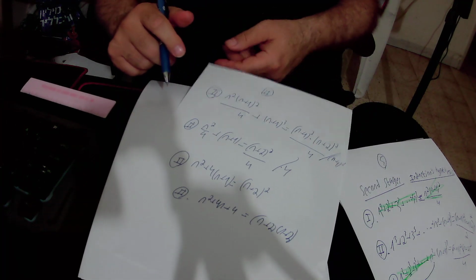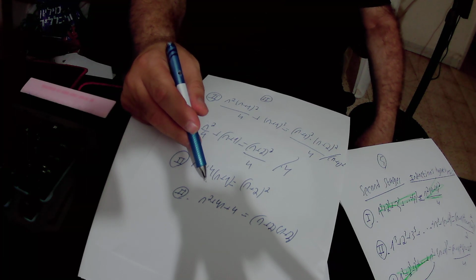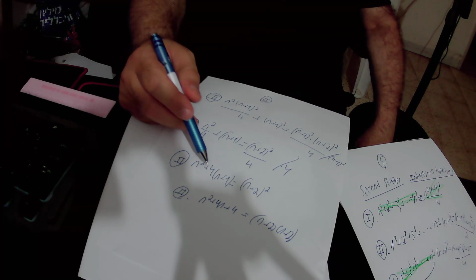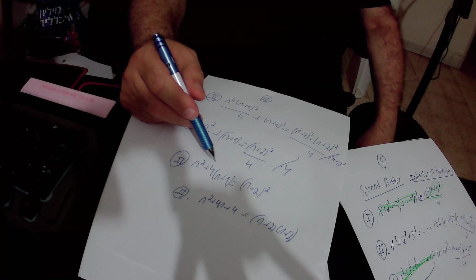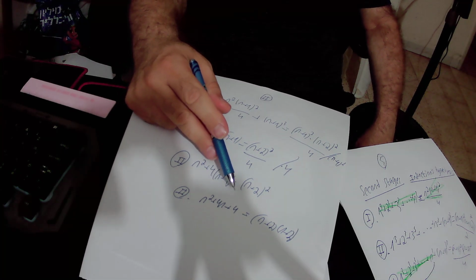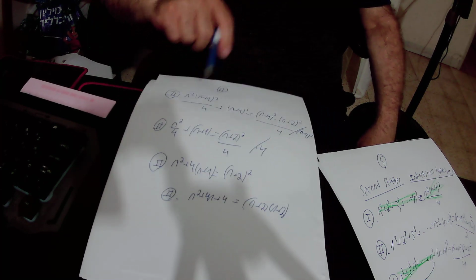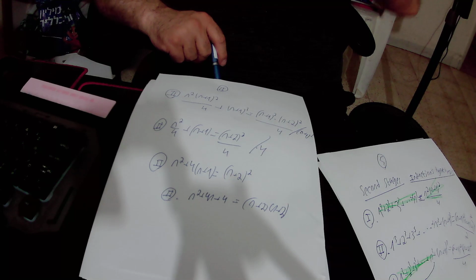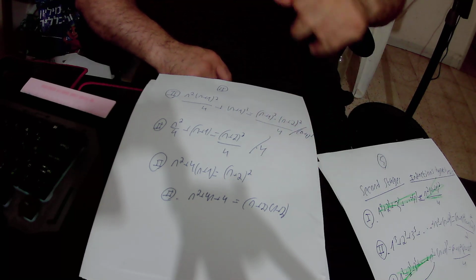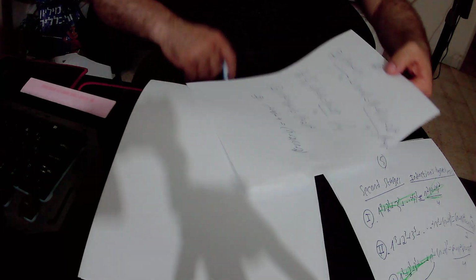So we open the brackets, n squared is n squared, and 4 times n is 4n, 4 times 1 is 4, all equals to n plus 2 squared. So n plus 2 squared is actually n plus 2 times n plus 2, and we will open the brackets again.